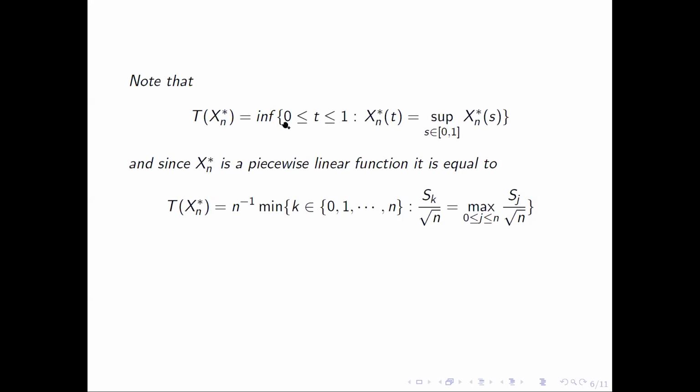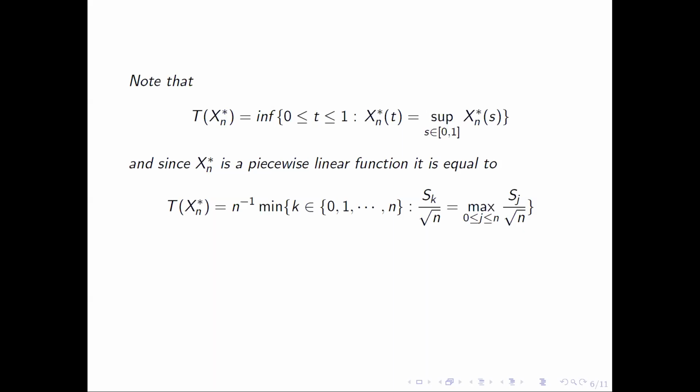So when you're taking the infimum between 0 and 1, you will instead be taking the infimum at 0, 1 by n, 2 by n, 3 by n, like that. So that's why this 1 by n scaling comes out. And you can always cancel out these root n's, and then you will land up on the right hand side of Richard's lemma. So that's what you have.